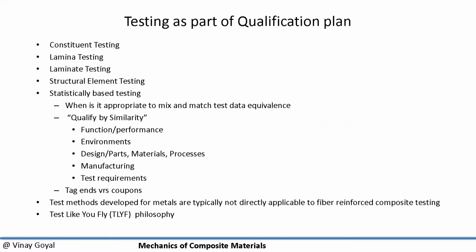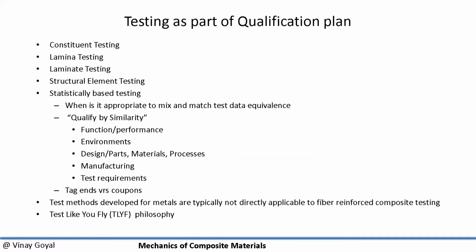So let's look at the types of testing that will be part of the qualification plan. When you're developing a qualification plan for a composite structure, what kinds of testing do you need? You need constituent testing, and what I mean by that is fiber testing or matrix testing. You have lamina testing, laminate testing, and then you may have to do structural element testing.